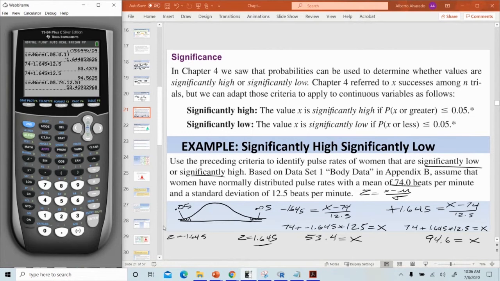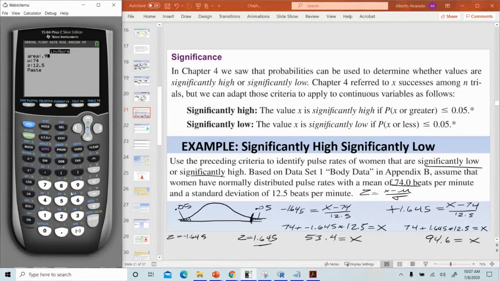For the 94.6, we're going to have to think a little bit more, because remember, z-scores only give you area to the left. If I want area to the left here, the right of this is 5%, so the left of this is going to be 95%. So that's what I have to put for inverse norm: second vars, inverse norm, 0.95.